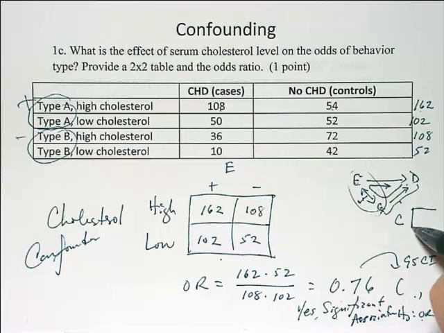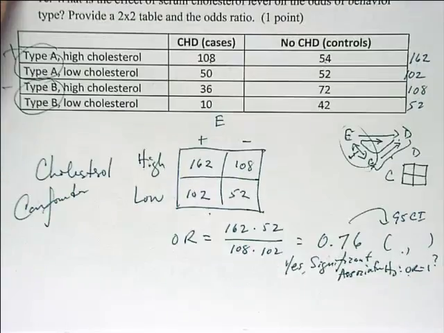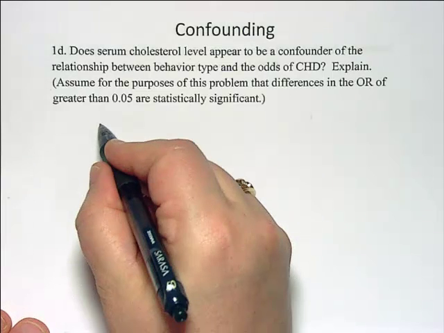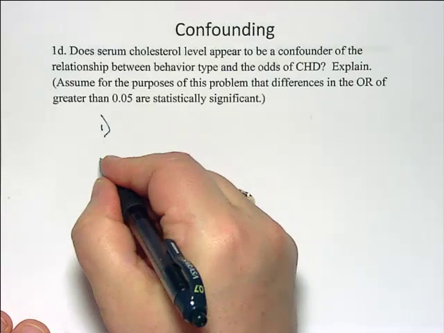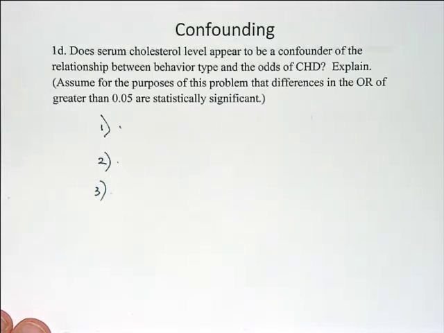Is the confounder associated with disease? It's the same principle that we've been using over and over again of collapsing. So at the end, you have to put it all together. So does serum cholesterol appear to be a confounder of the relationship between behavior type and odds of CHD? And you're going to explain how that could be. One of the things to develop in your own mind is the 3 steps that have to be true.